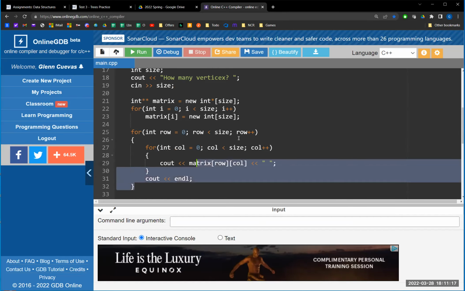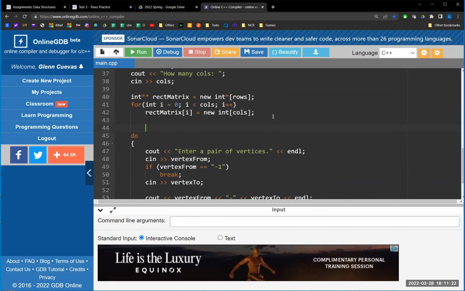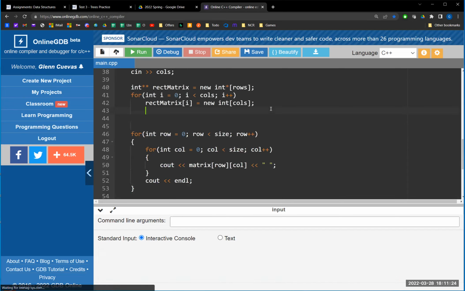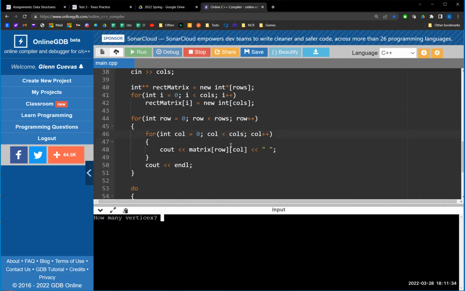Looping would be similar. Let's see if I got my variables lined up correctly here or not. We'll see in a second. Rows, columns, and let's see what we did. Two for that one, 3 rows, 5 columns, or 6 columns.